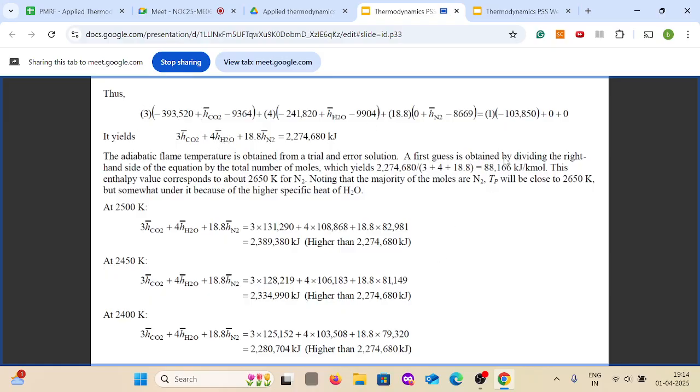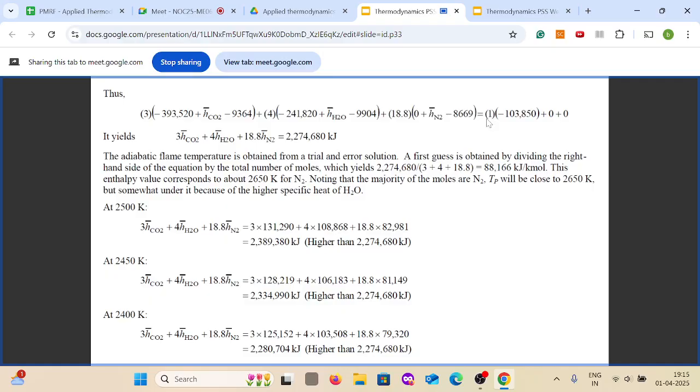So the expression will look like this. The number of moles of CO2 times the enthalpy of formation of CO2 plus the enthalpy of CO2 at the product temperature, or the adiabatic flame temperature, minus the enthalpy at 25 degrees Celsius. Similarly for water and nitrogen; the enthalpy of formation of nitrogen will be 0, and similarly for oxygen.